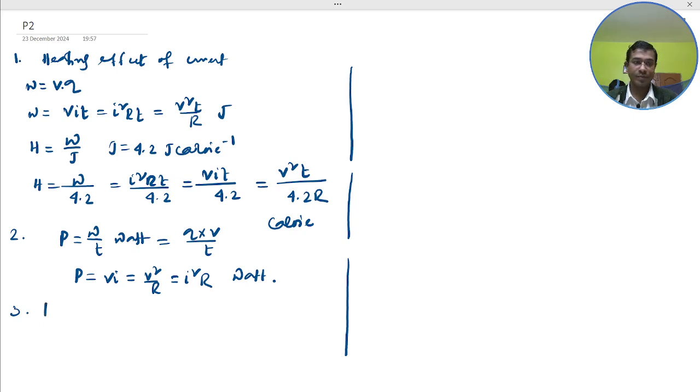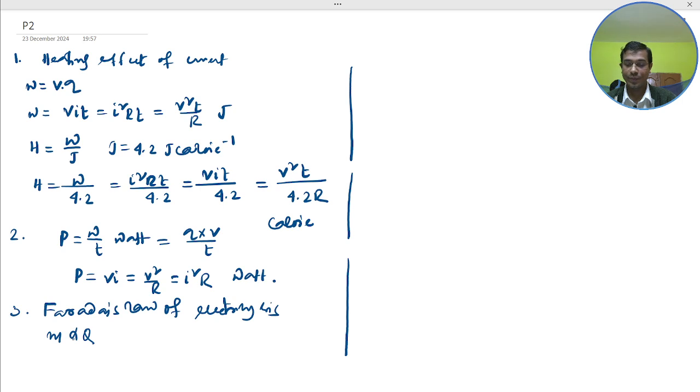Faraday's law of electrolysis states that the amount of substance deposited or dissolved on an electrode is proportional to the quantity of electricity passed through the electrolyte, defined as M proportional to Q, or M proportional to IT, or M = ZIT. The proportionality constant Z is called the electrochemical equivalent.